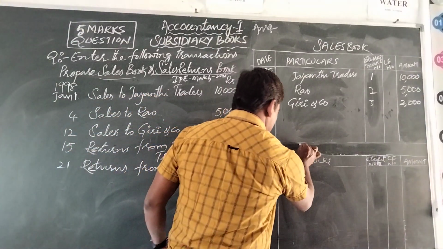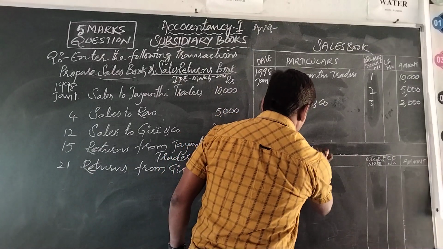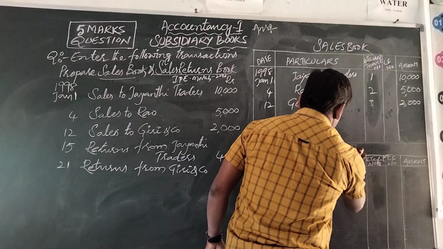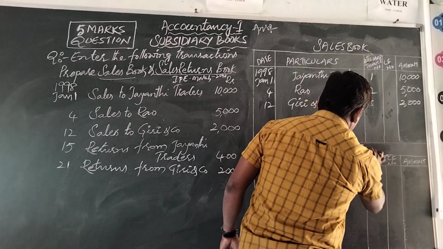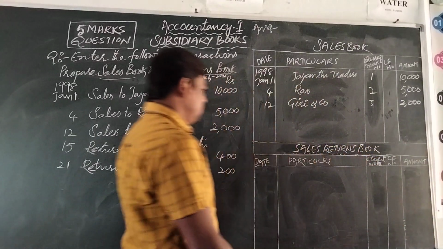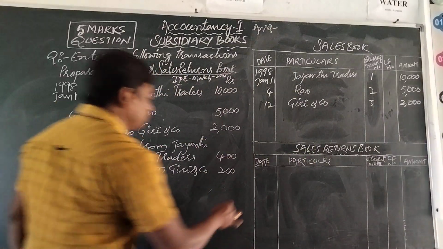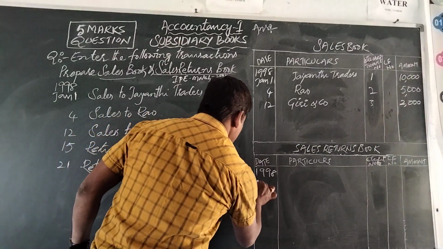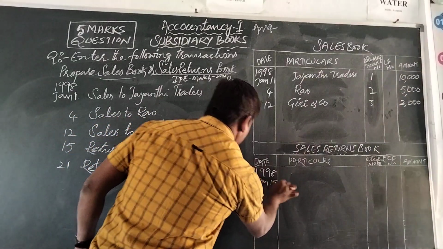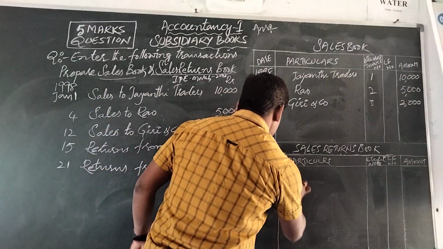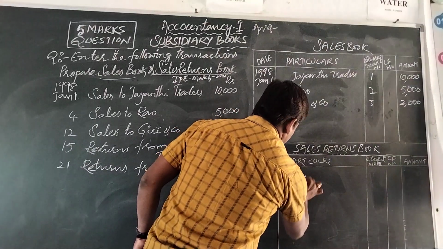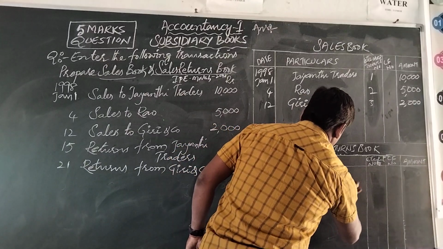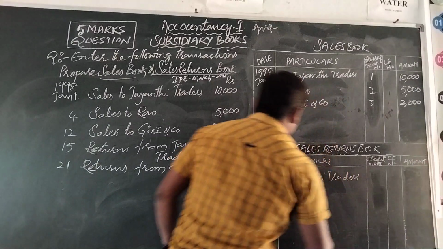Here we write on the top of the pro forma sales returns book. Okay, so date 1998 January 15th, Jayanti Traders.